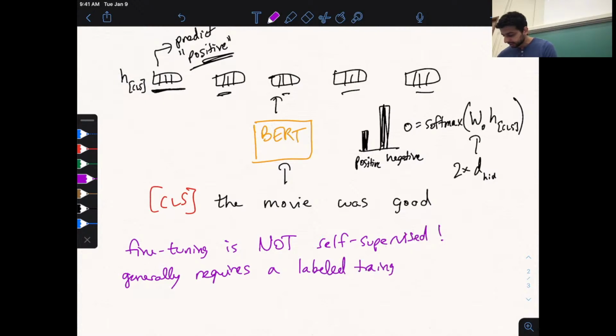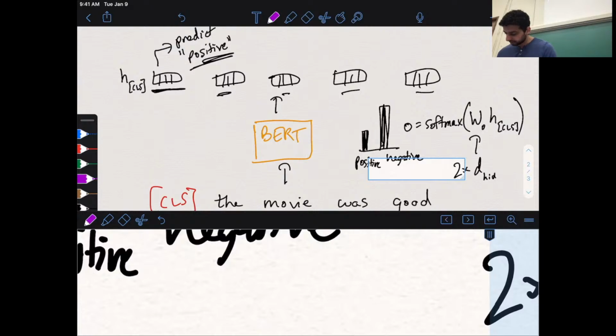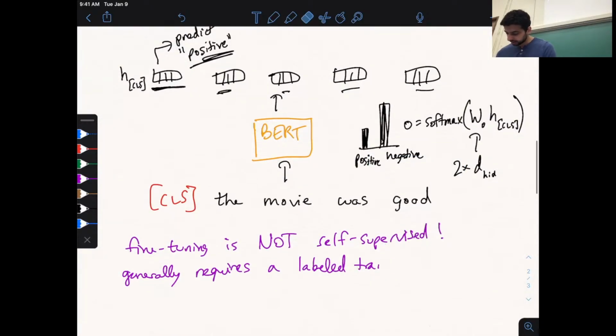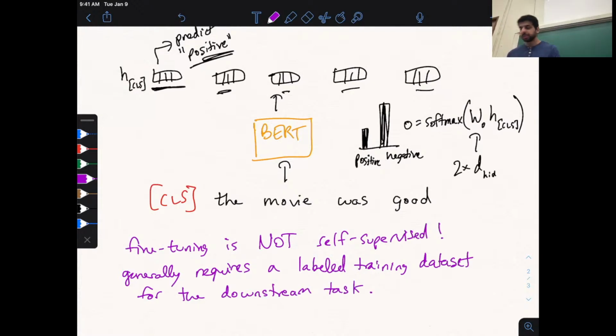training data set for the downstream task. I omitted human here because these days you can also use language models to label a training data set for you and then perform this fine-tuning process.